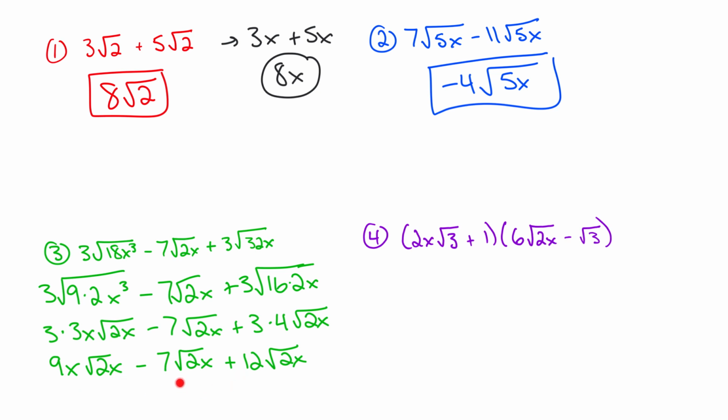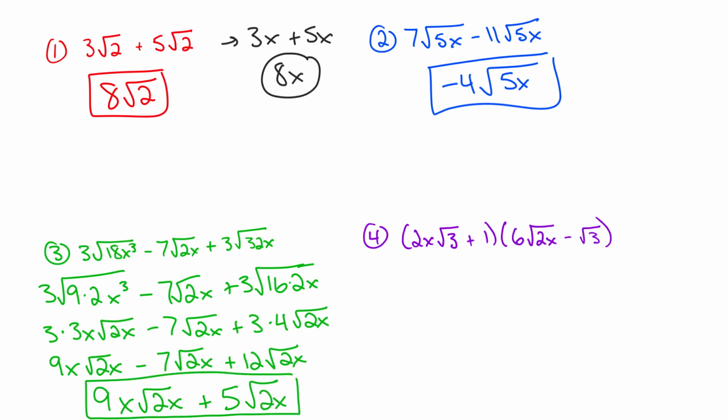So even though they all share the same radical, because this has a variable on the outside that doesn't match with anything else, this has no like terms. So the radicals must be the same, but also if there are any variables, they must also be the same. Therefore, this is just going to turn into 9x root 2x plus 5 root 2x. That is our solution to problem number 3.